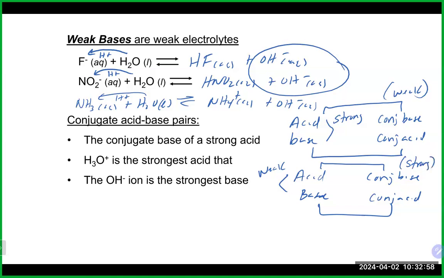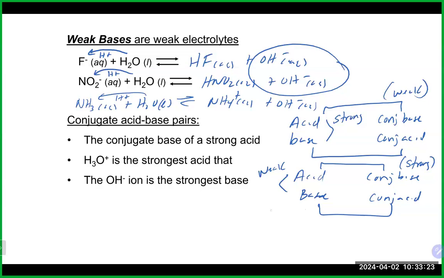When we say relatively strong, it is nowhere near as strong as a strong acid or strong base. It is strong in the sense that if they are produced in solution as a result of a weak acid or weak base being present, they will technically continue to react with water, which is also present, in a reaction known as the hydrolysis reaction.